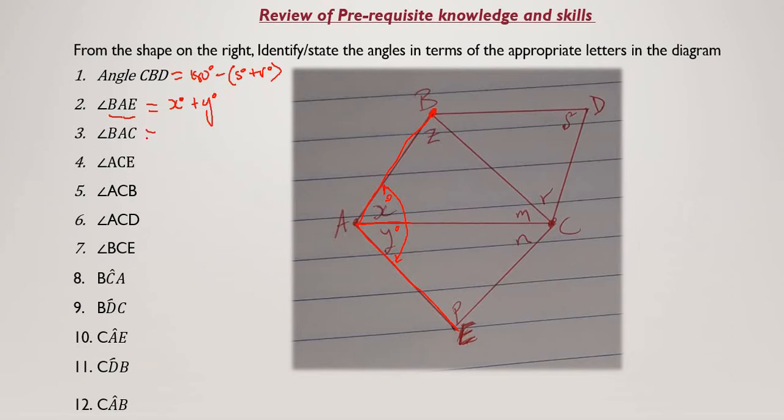Let's look at angle BAC now, going from B to A to C. We're talking about this angle here formed between these two lines, line BA and line AC, and that angle is angle X. Let's look now at angle ACE, which is going from line AC to line CE.